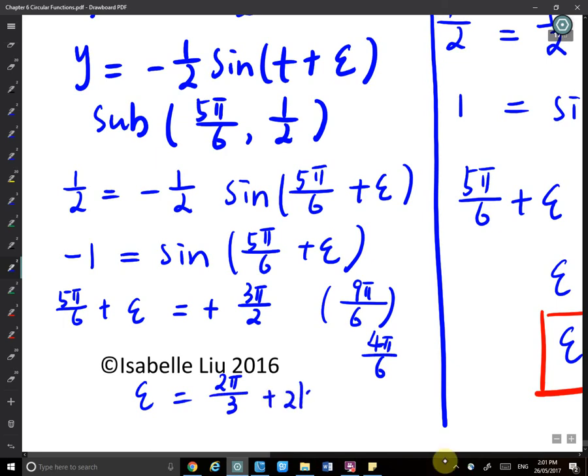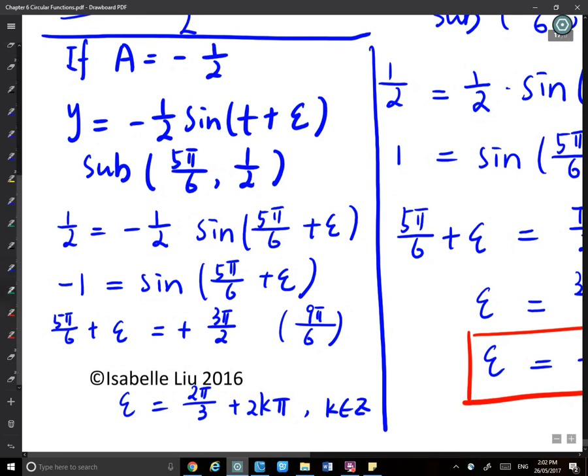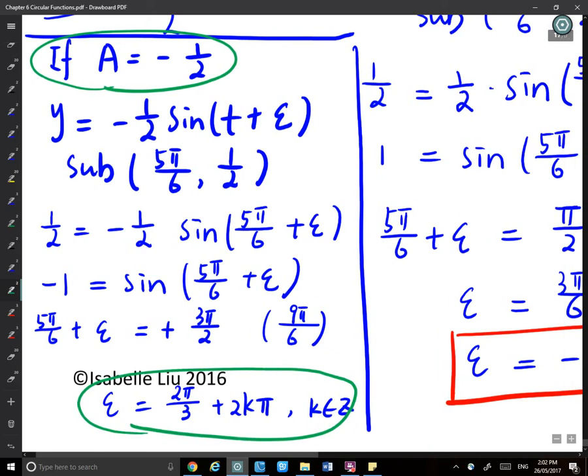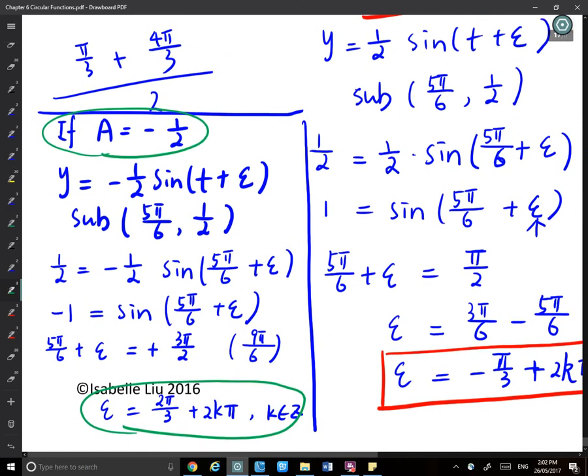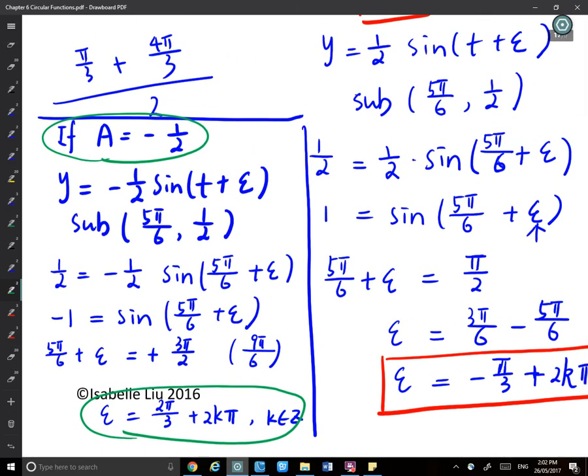And again, it can plus 2 pi k, so k belongs to Z. Okay, so for this pair, if A equals negative a half, epsilon can take those values. You'll have two sets of values. If A is negative a half, epsilon goes for that. If A is positive a half, epsilon can go for that. You can choose any pair. Any pair of solutions will give you the same graph.